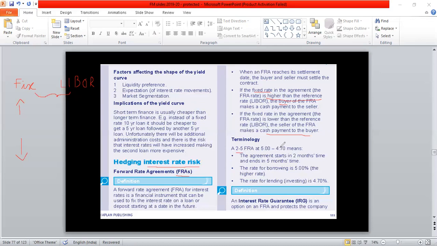A 2 to 5 FRA at 5 to 4.7 means the agreement starts in 2 months' time and ends in 5 months.